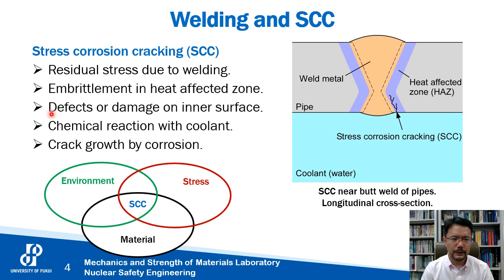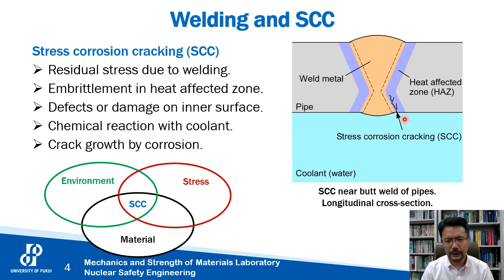So if defects or damage exist on the inner surface, the chemical reaction with coolant water is activated and the corrosion begins. And that corrosion leads to cracking like this. And this crack grows into the material by the corrosion.